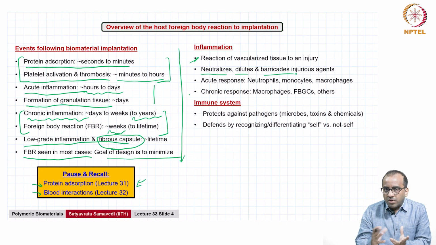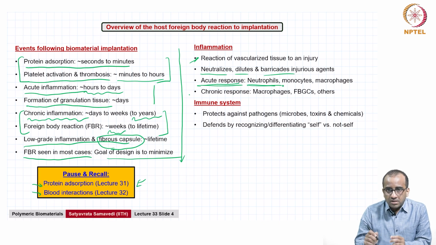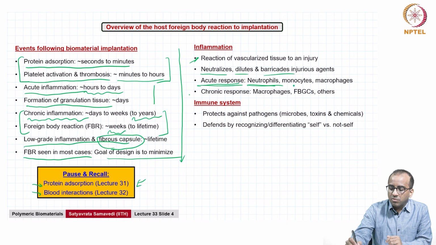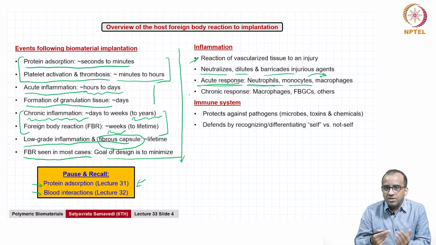And broadly, one can think about inflammation as involving either an acute phase or a chronic phase. An acute response typically involves many players, but the key players are neutrophils, whose role we will look at in today's lecture, as well as monocytes, which actually end up becoming macrophages in response to an injury once they are attracted to the site.